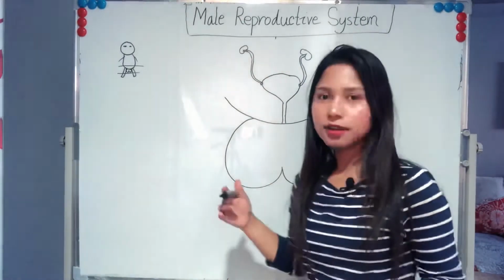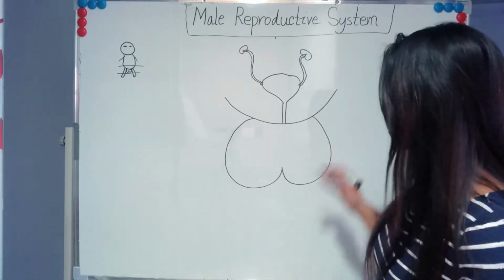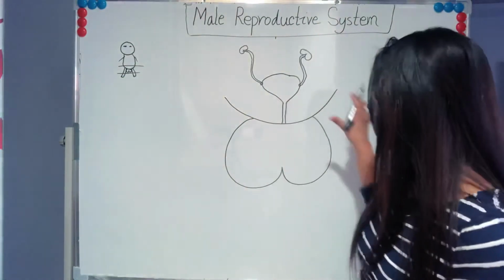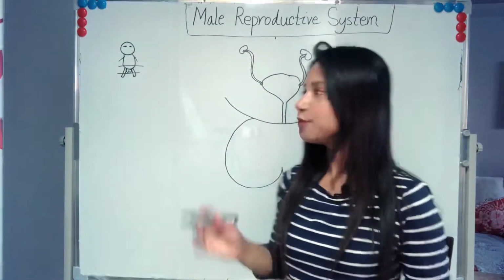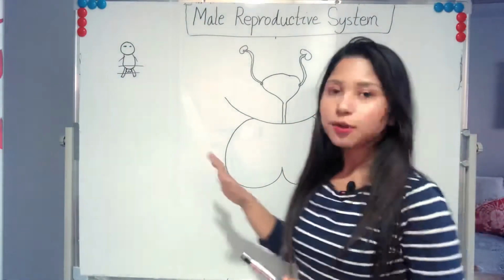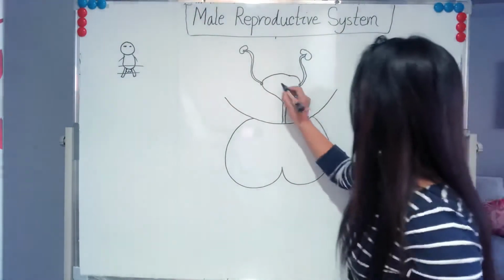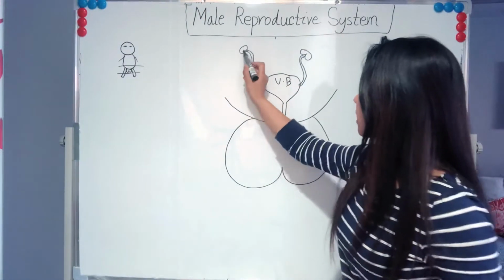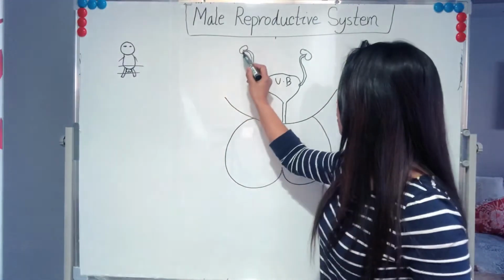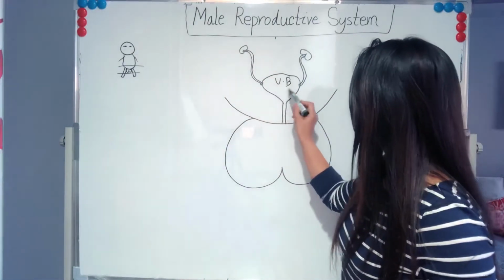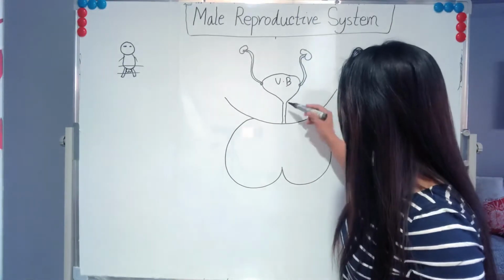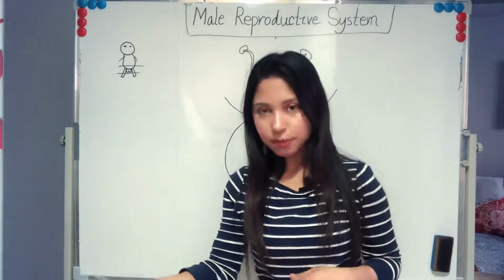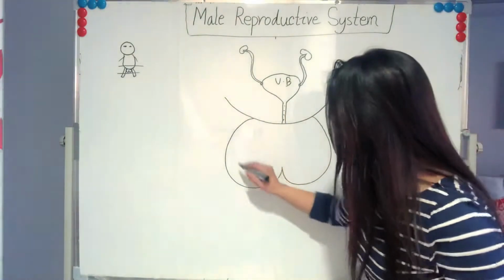You know, I can also first make the diagram, then explain, but I want you to make this diagram with me so that you will not forget this. Okay, so this is urinary bladder. Kidney produce urine, then through ureter urine comes to the urinary bladder, and then finally through the urethra urine comes out of the body. Then this is scrotum.